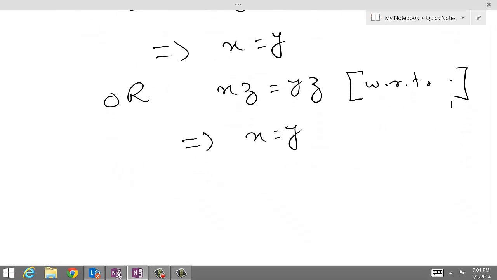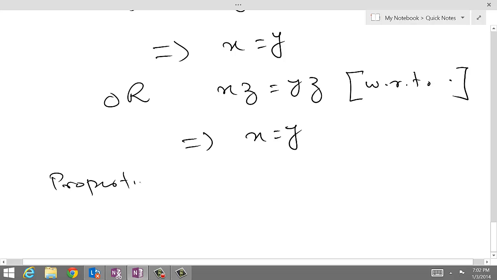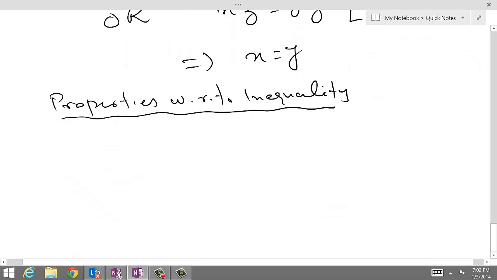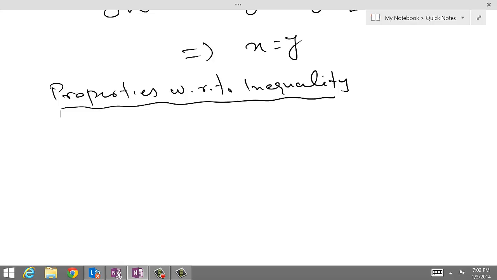And there are properties with respect to inequality. These are the properties we have all discussed earlier in the section on rational numbers, but two of these properties are particularly important, and I would only mention both.